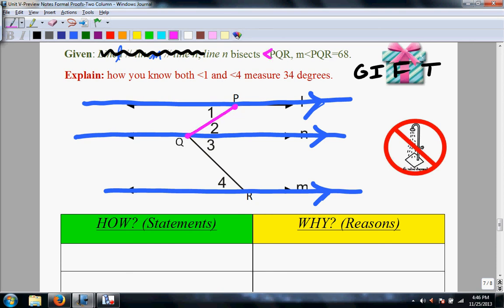PQR. Start at P, go to Q, go to R. And this line bisects it. So trace and sweep. Last, we're told that the measure of angle PQR, what you just traced, is 68 degrees.